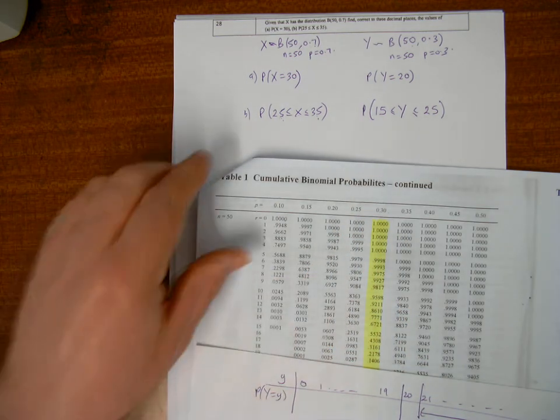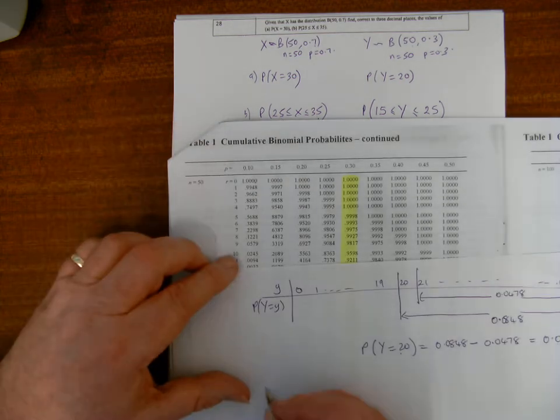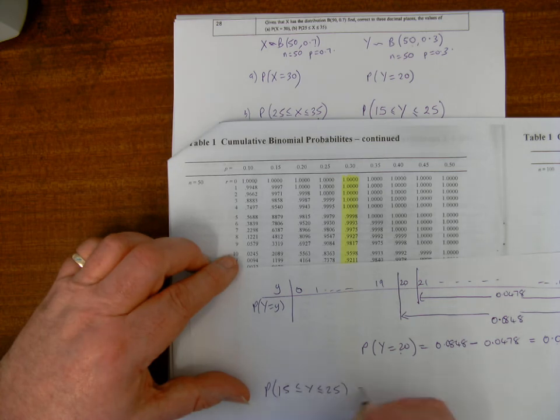So between 15 and 25, now I look at my tables, probability that y is between 15 and 25.